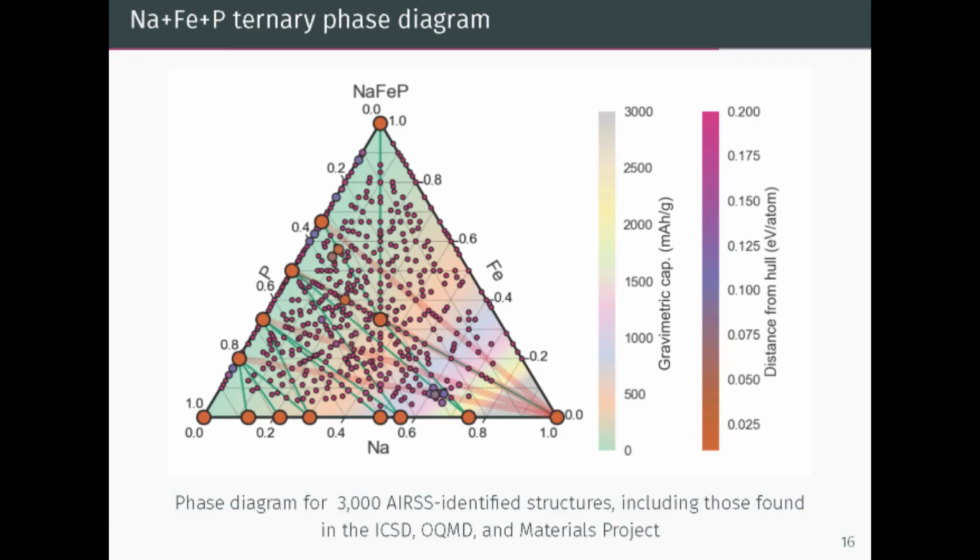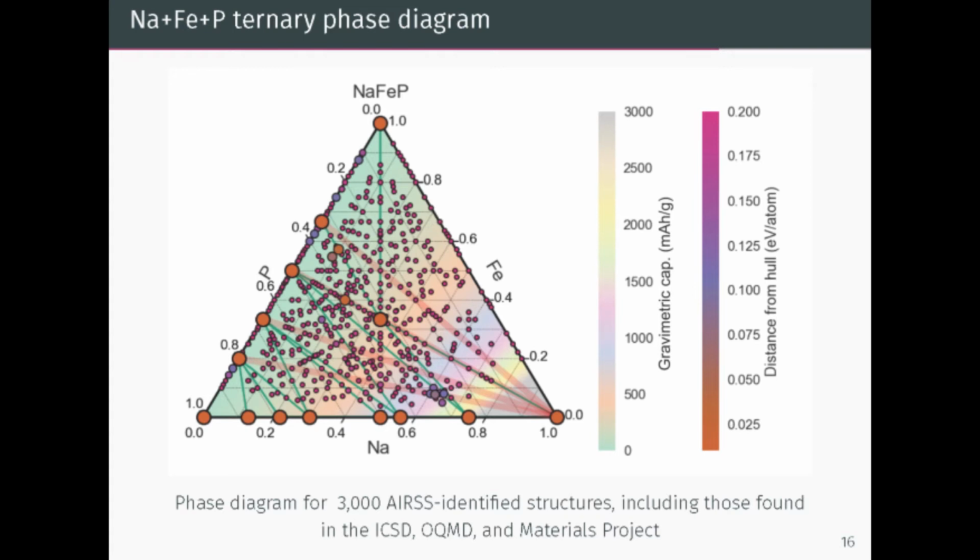So what actually happens when we search for our crystal structures? What you're looking at right here is a lot of different dots on a triangle, but it is actually all of the different crystal structures that we searched for within the phosphorus, sodium, and iron ternary phase diagram. So we did over 3,000 searches for these materials, found their ground state structures using DFT, and plotted them on this graph.